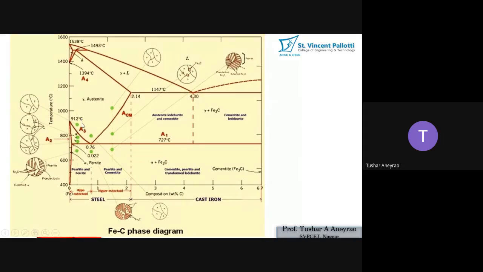And just by going to 900 degrees centigrade, yes, we are having austenite. So when we go above 912 degrees centigrade, around 922 degrees centigrade, then we can land into any of the phases like alpha ferrite, pearlite, or cementite.